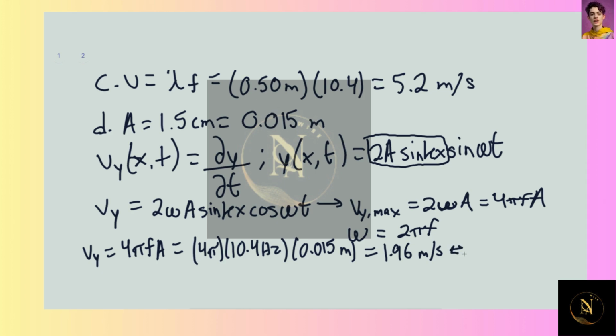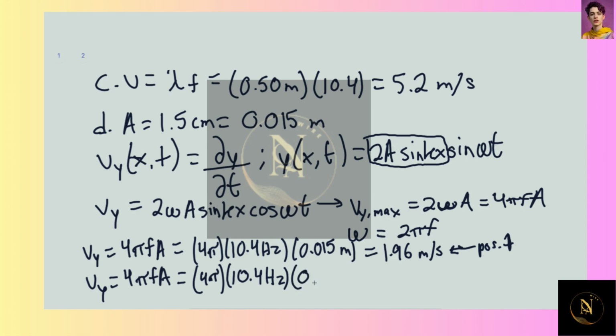So this is position 1. And then Vy for position 3: the amplitude at position 3 is 0. So it's going to be 4 pi times 10.4 hertz, but unfortunately, the amplitude is 0 meters. So this will all equal 0 meters per second. So this will be position 3. So this will be your answer to part D.